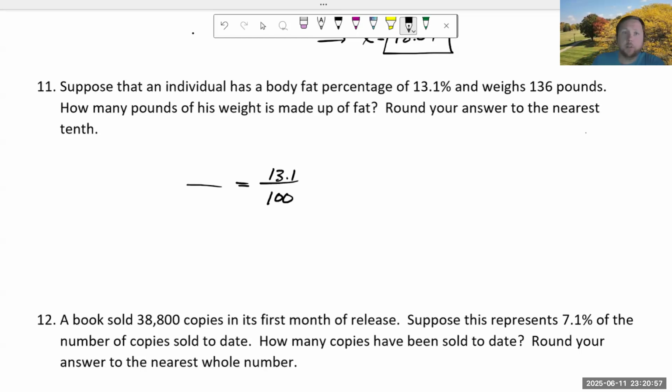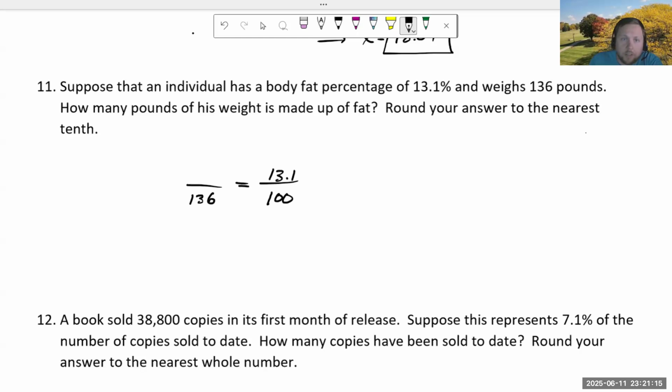Okay, so now that body fat percentage, that's the percent of their weight that's made of fat. And then they told us their total weight, which is 136 pounds, that total weight is going to go across from the 100.